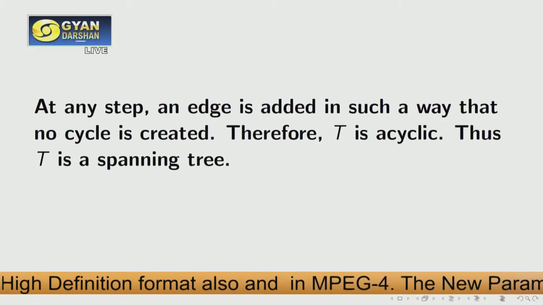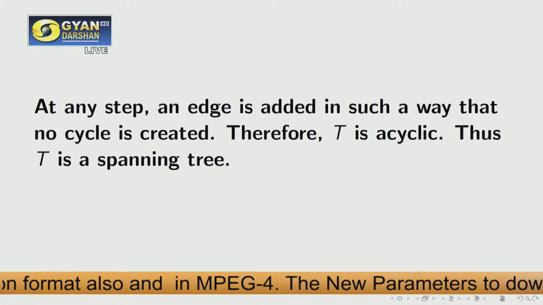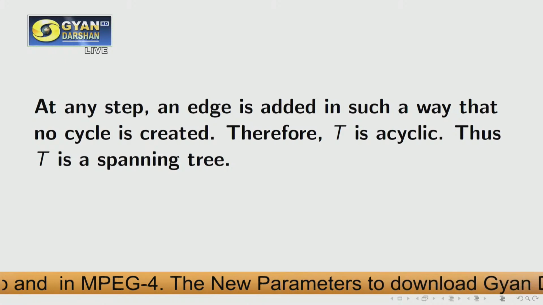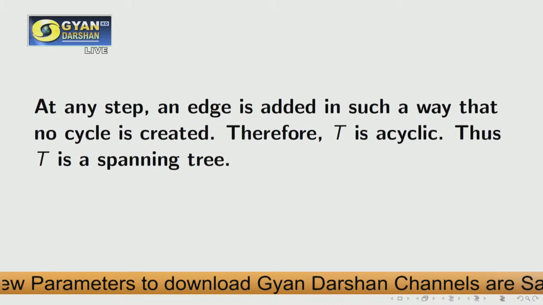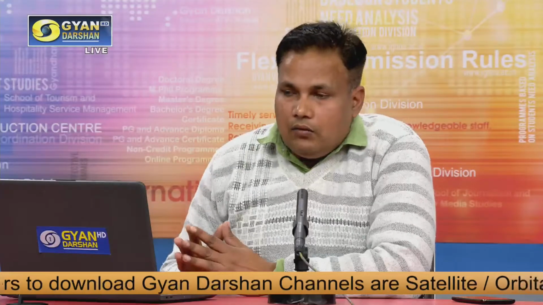So by the way the algorithm is designed, T is acyclic. So thus T is a spanning tree. Okay, and now we have to show that this T has the same weight as any minimum spanning tree would have. So let's now compare it with some minimum spanning tree.